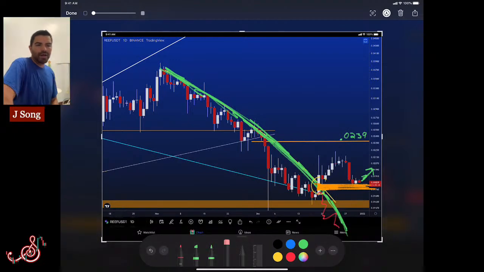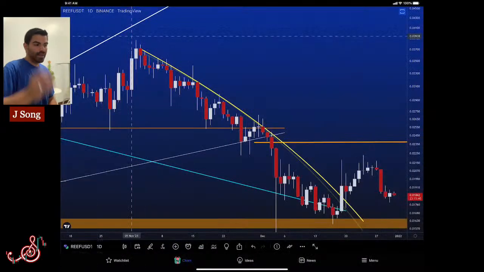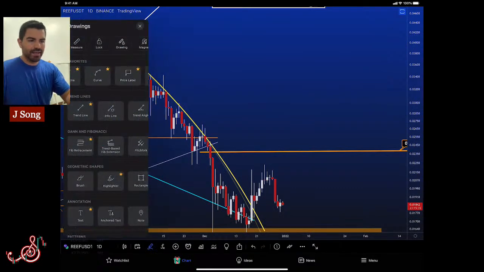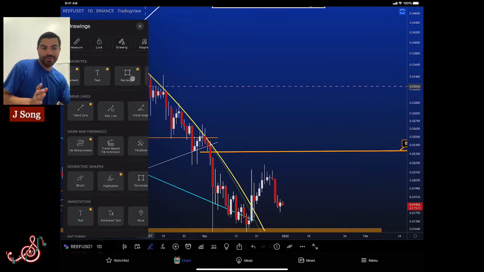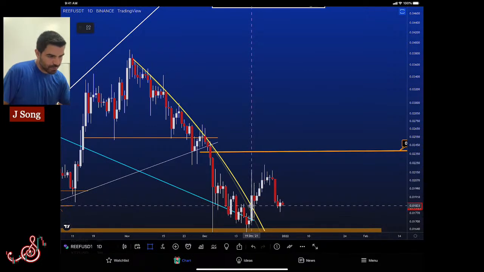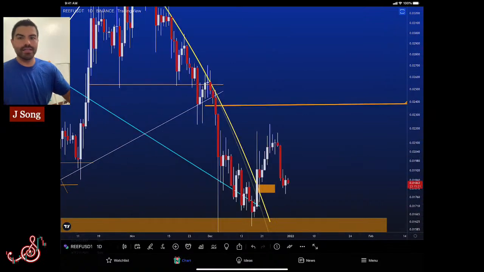So now looking at REEF on a daily chart, this is something I see, and this is something that you guys will know. Now what we're going to do is draw on price itself, no longer just pen and paper. Usually I use the rectangle tool, which can be found in geometric shapes, just like I did in the earlier tutorial. Make sure you add it to your favorites.